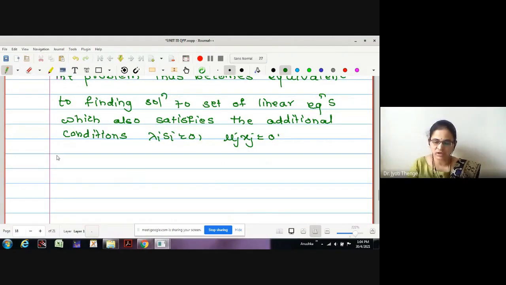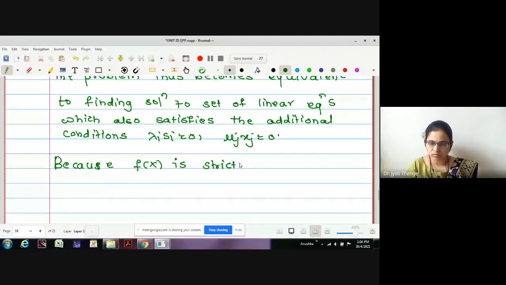Now here, because f of x is strictly convex, the necessary conditions become sufficient.